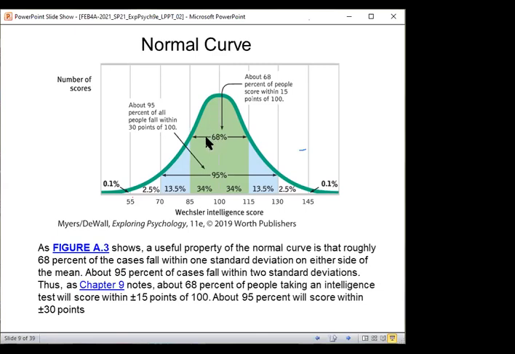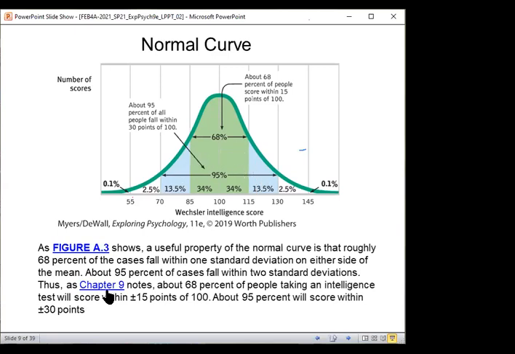So this figure A3 here shows a useful property of the normal curve: roughly 68%, right here, of the cases fall within one standard deviation on either side of the mean, right here. About 95% of the cases fall within two standard deviations.